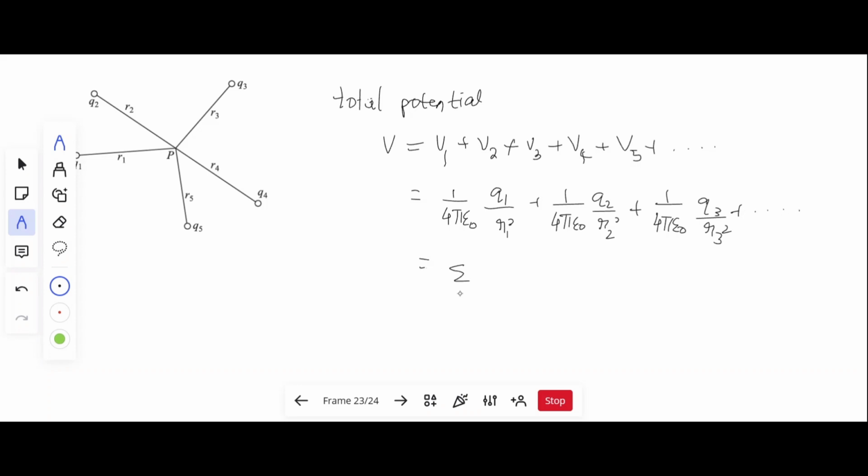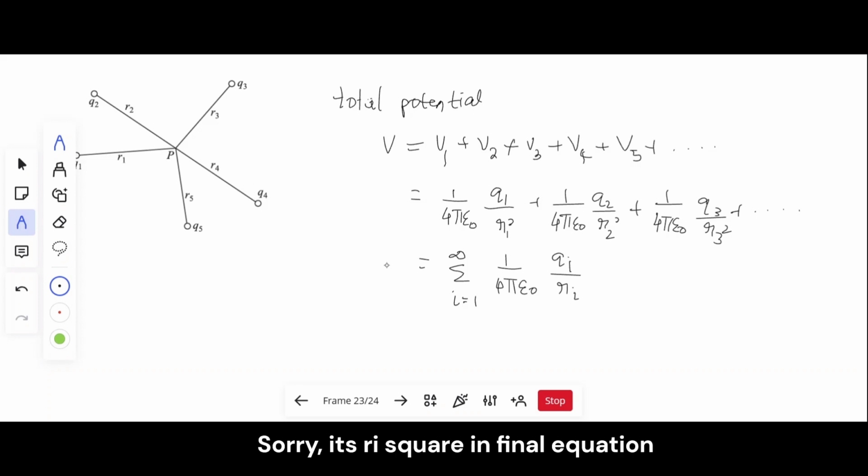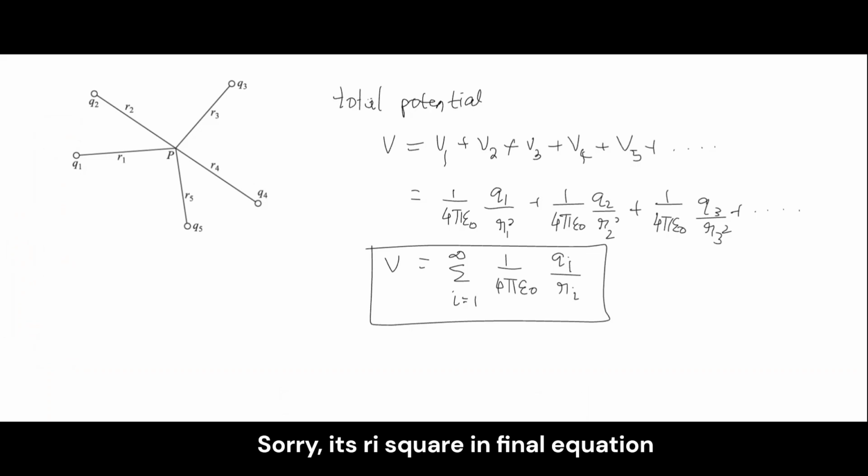This can be written as summation i equal to 1 to n. Suppose there are infinite charges, we can write it as summation i equal to 1 to infinity, 1 by 4 pi epsilon naught q i by r i. This is the general equation. Remember, electric potential is a scalar quantity, so we just add up the contributions from each charge.